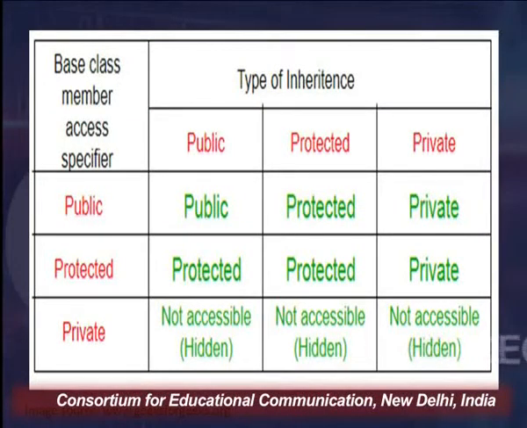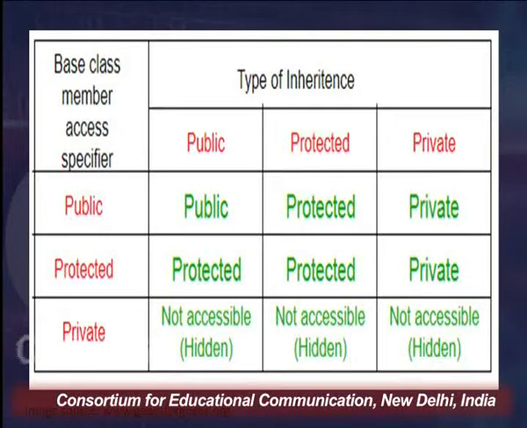On one side we have the base class member access specifier, and on the column side we have the types or modes of inheritance: public, protected or private. If there is a public base class member, when inherited in public mode it will serve as a public member; when inherited in protected mode it will serve as a protected member; when inherited in private mode it will serve as a private member.